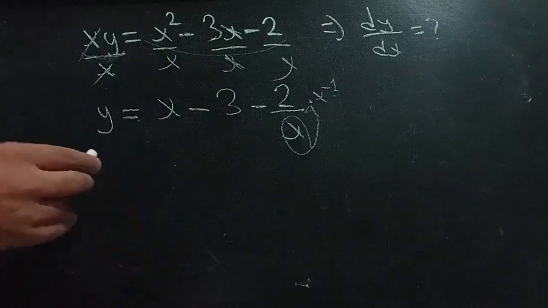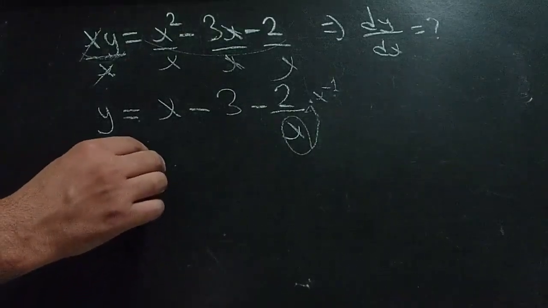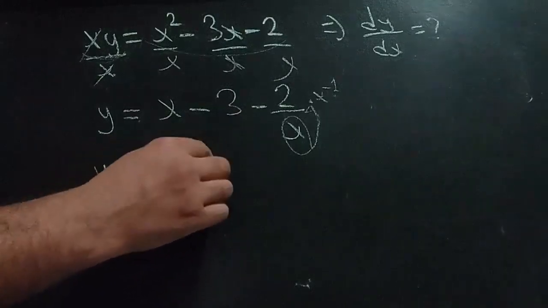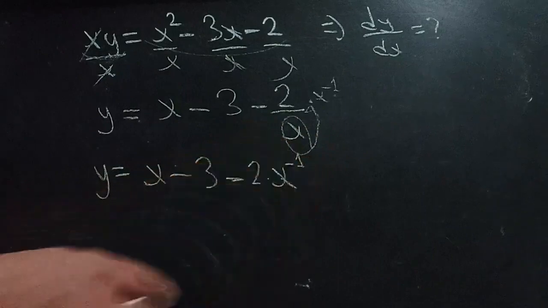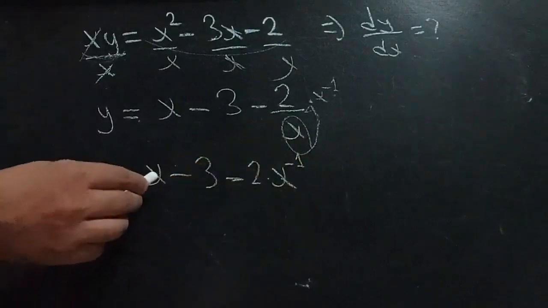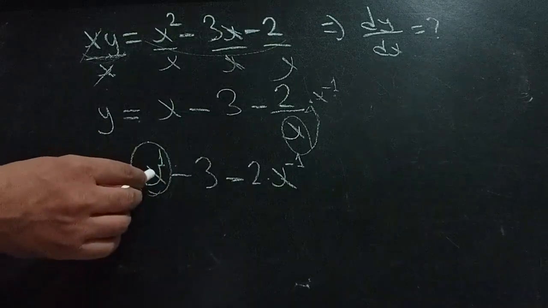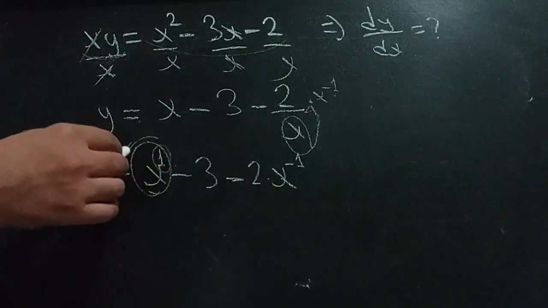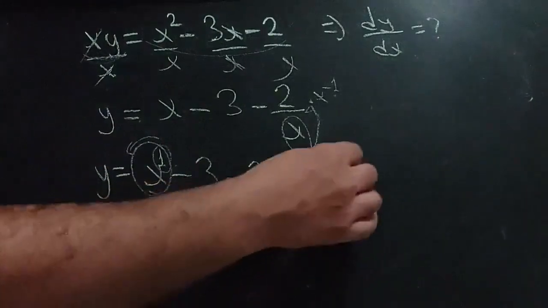So you can rewrite that one, y equals x minus 3 minus 2 times x to the power negative 1. So the power of this one is 1, the derivative is going to be 1 times x to the power 0, which is 1.